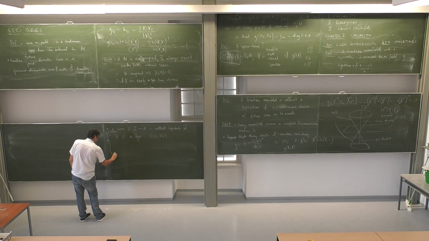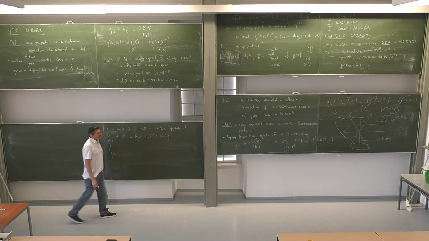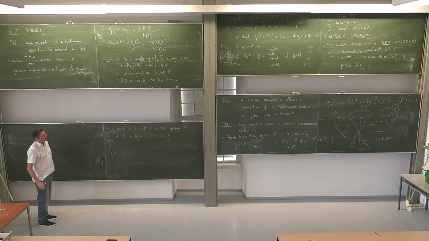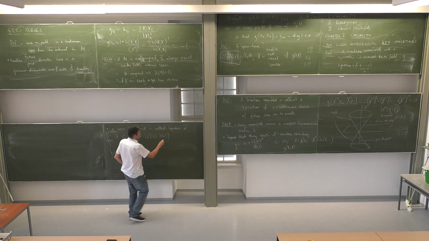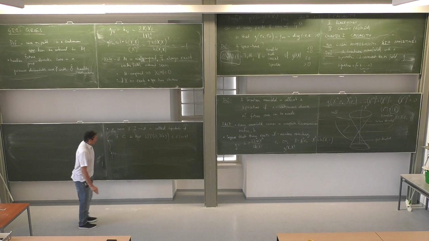Gamma of S is here, gamma of T is here. Then I take the distance between these points with my favorite chosen Riemannian metric, and this should be smaller than C times S minus T. So that's a Lipschitz curve.